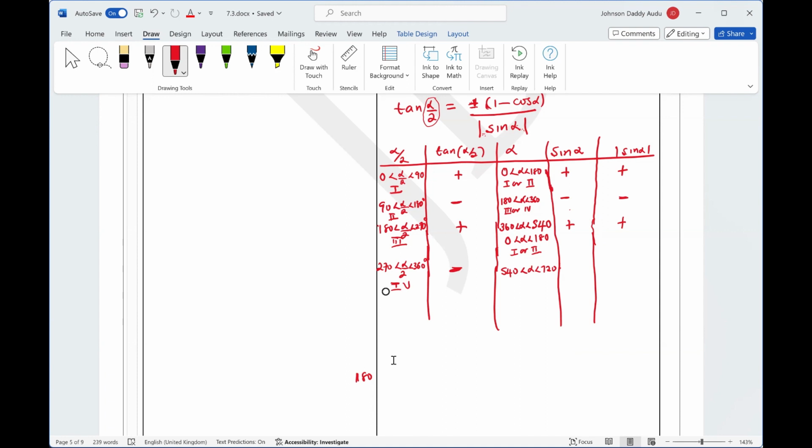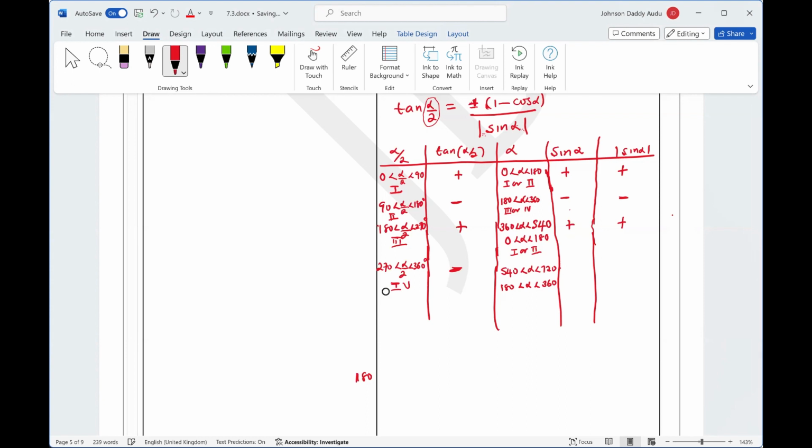And here you can also do the quadrant thing or the coterminal. You subtract 360, right? So here, if you subtract 360 from both sides, this is going to be 180 less than alpha less than 360.